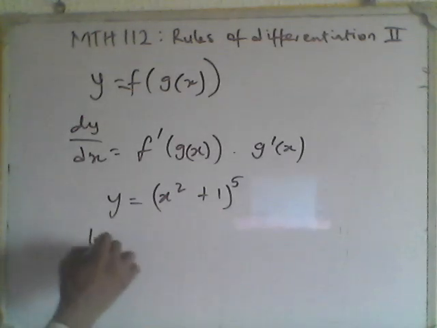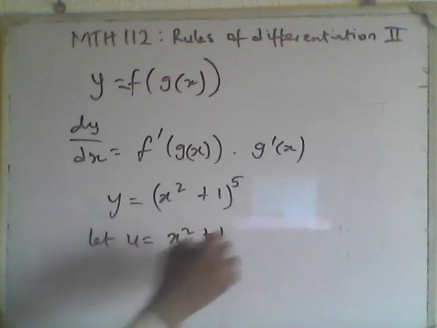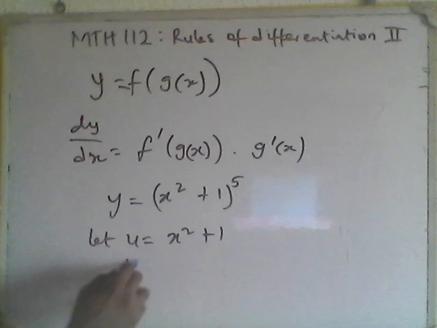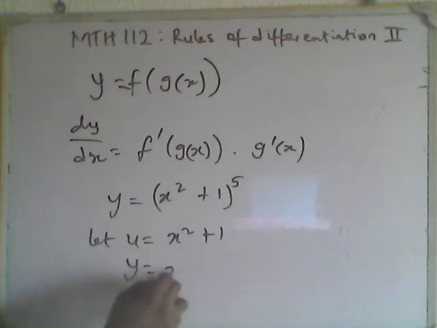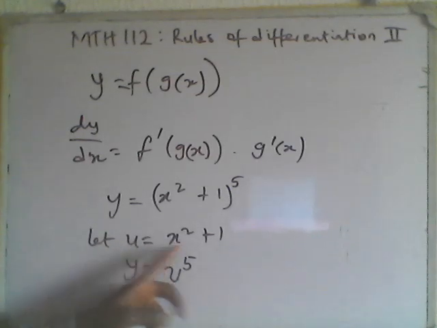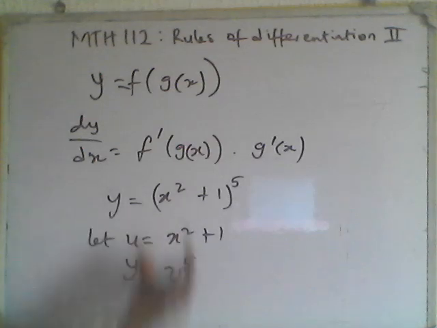So I'll say let u, which is the function inside, be x squared plus 1, and the function outside is y equals u raised to the power 5. Agree with me that y is a function of u and u is a function of x. We introduce this u just to show the chain of functions.